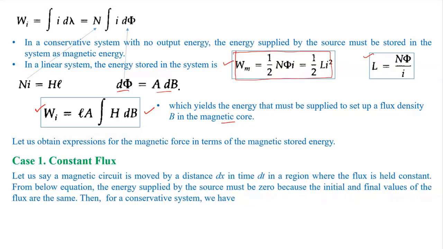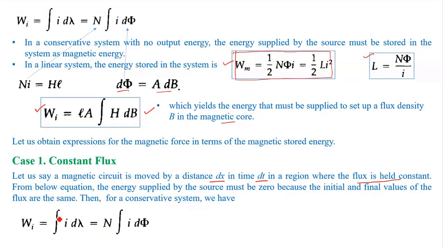In the constant flux case, let us say the magnetic circuit is moved by a distance dx in time dt in a region where the flux is held constant. From this equation, what will happen?